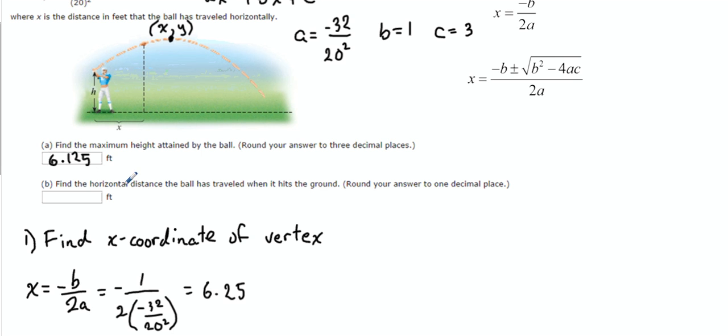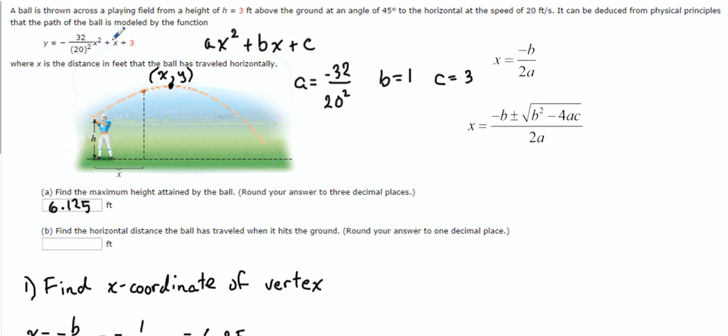Now, the next thing it asks us is to find the horizontal distance the ball has traveled when it hits the ground and round your answer to 1 decimal place. When the ball hits the ground, the value of y is 0, because I'm at a height of 0. So what we have to do, and this will be part B, we'll write this over here.